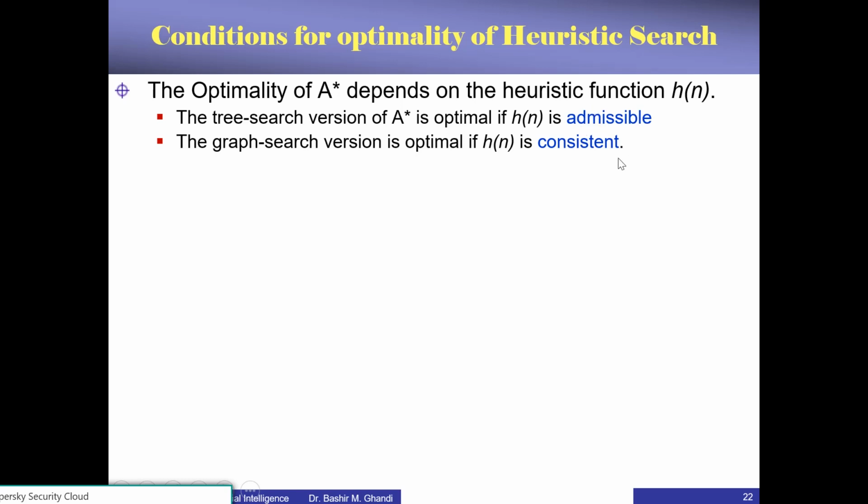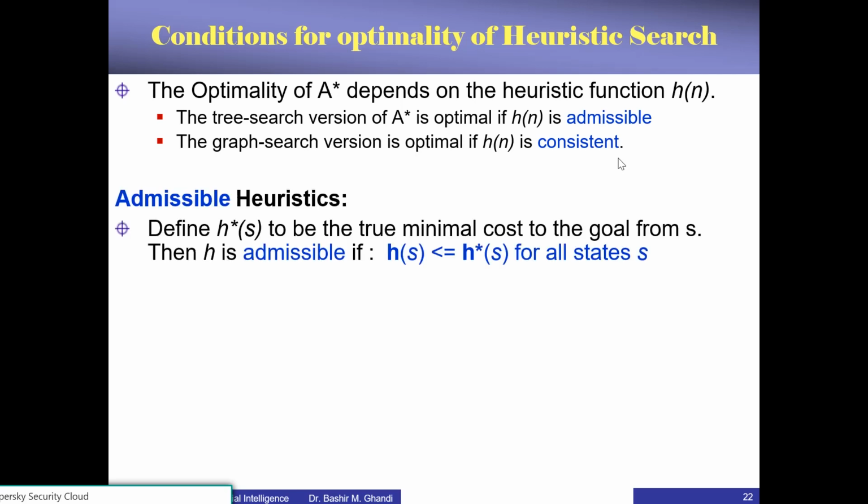What does it mean for a heuristic function to be admissible, and what does it mean for it to be consistent? So, admissible heuristic. Define h*(s) to be the true minimal cost to the goal state from state s. So let us say this is the actual minimal value. Then a heuristic function h is said to be admissible if it is always less than or equal to that minimal value.